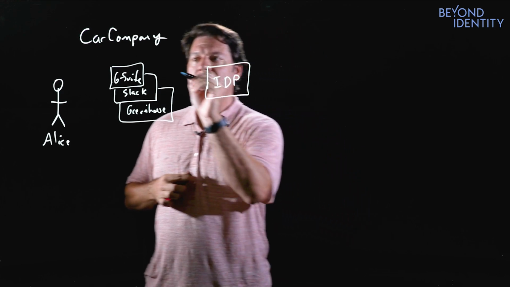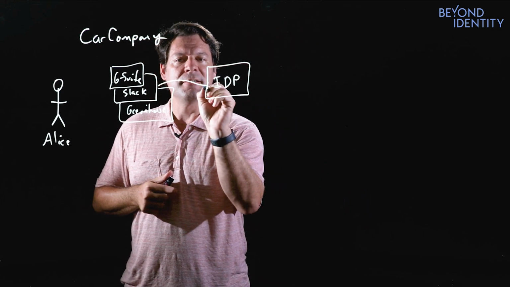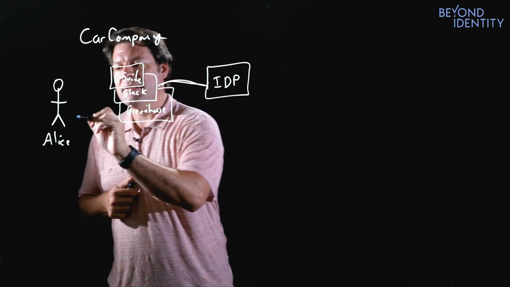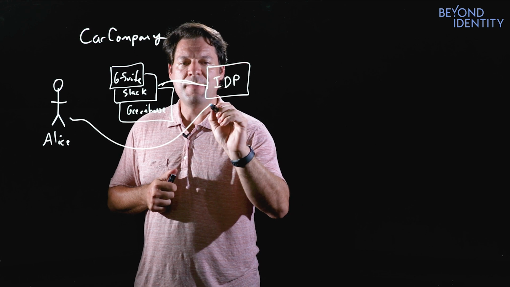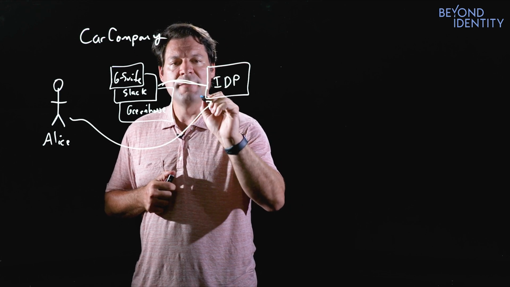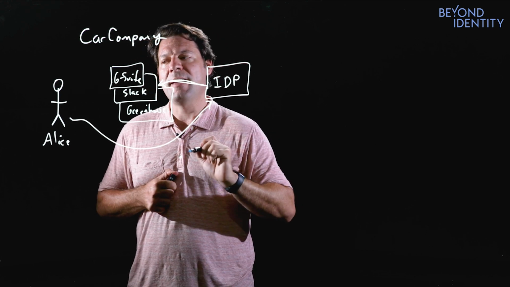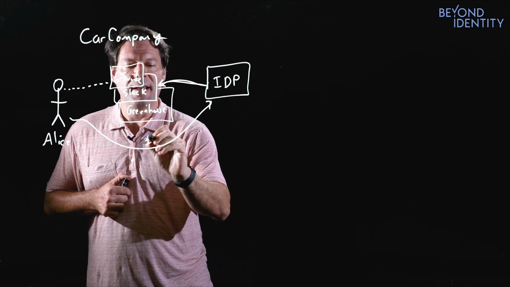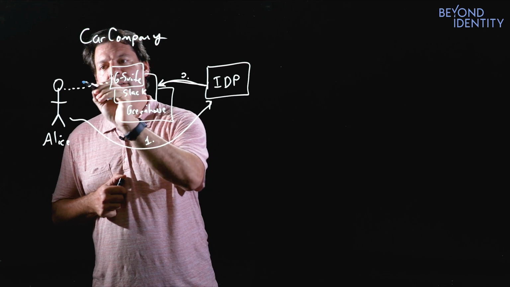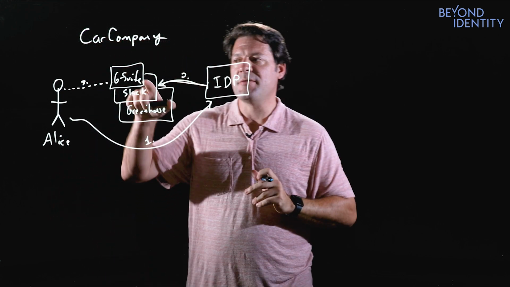By establishing a connection here, Alice can log in to the IDP, and the IDP can vouch for Alice to the application, letting Alice get access to that application without having to supply a username and password to it.